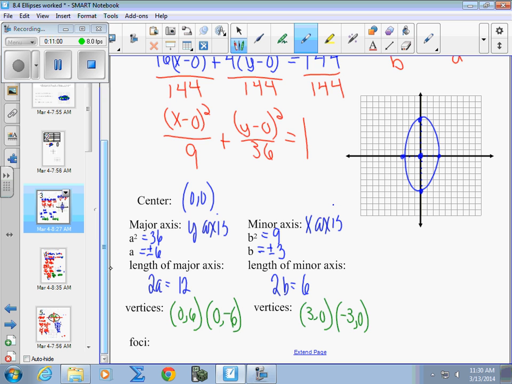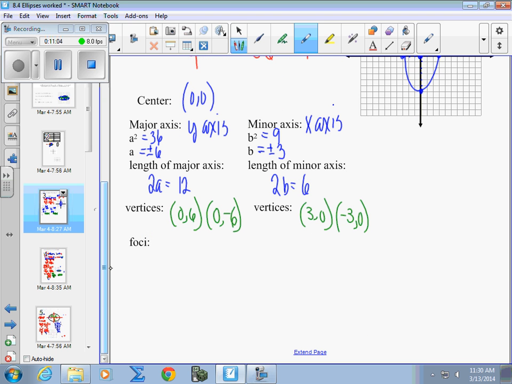So then we want to find the foci. The equation for the foci is a squared minus b squared is equal to c squared. So what's a squared? 36. What's b squared? 9. So c squared is equal to 27, so c is equal to the square root of 27.